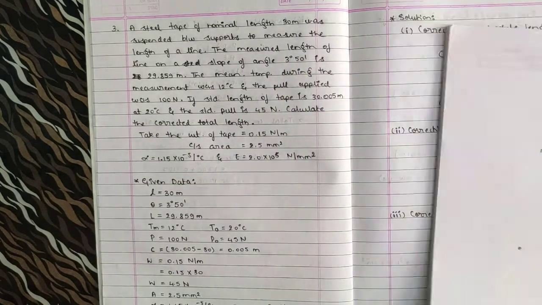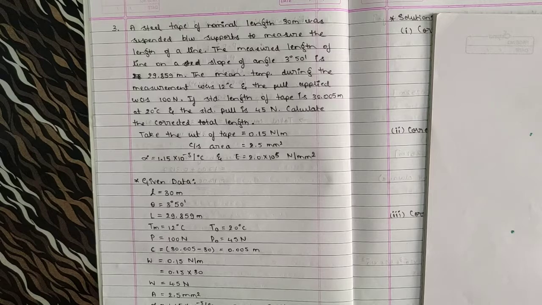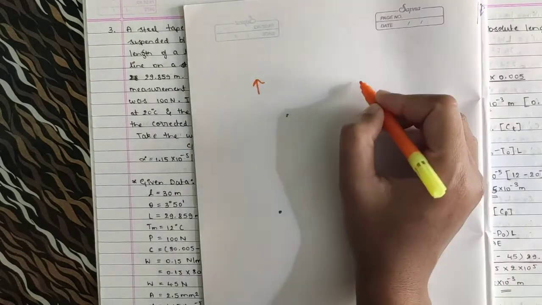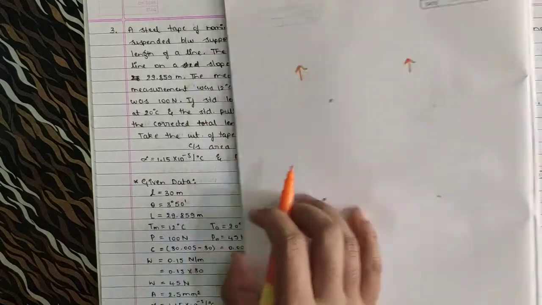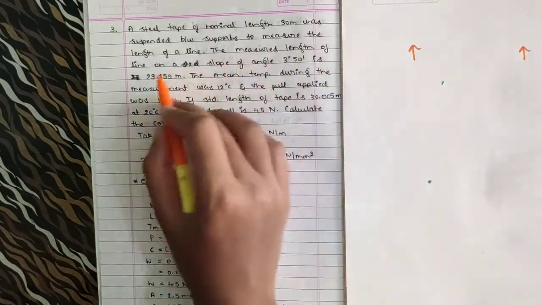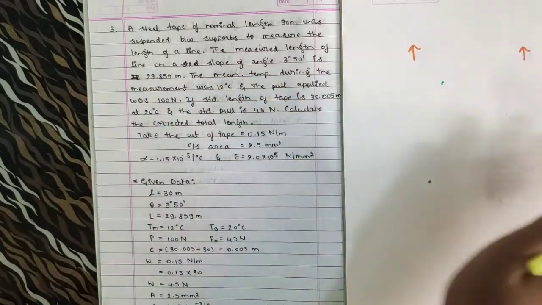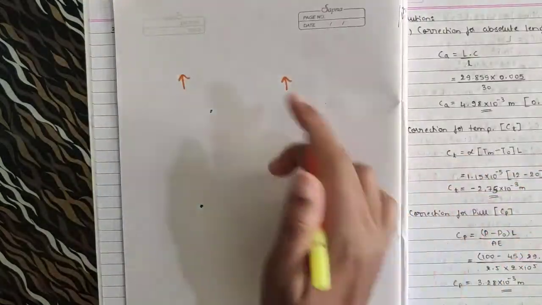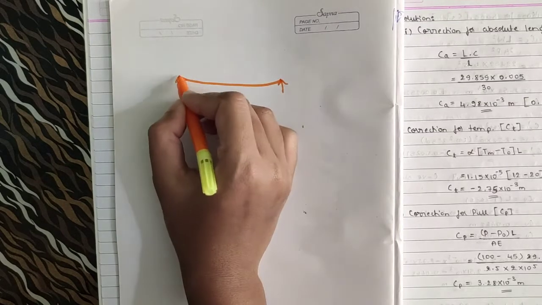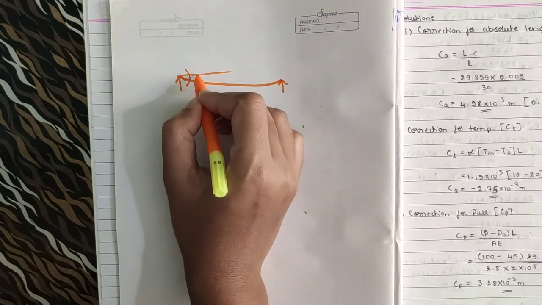See, in the question they have given that it is suspended between two supports, and they have mentioned that the measured length of line is on a slope of angle. So that means the ends of this line are not at the same level. So it has some difference in level, that is theta.